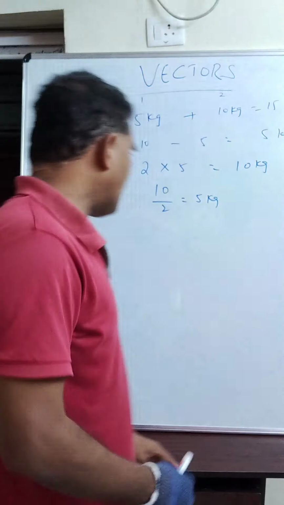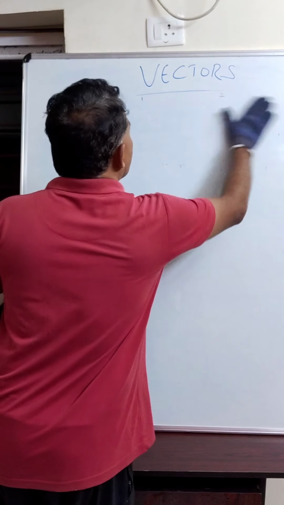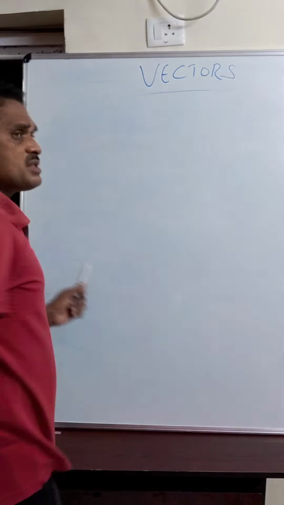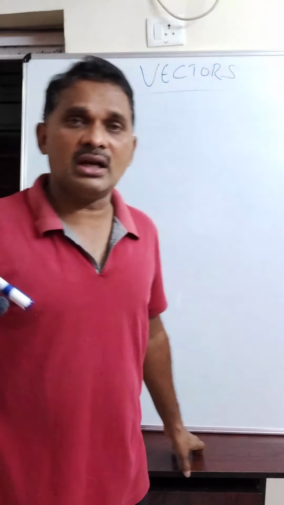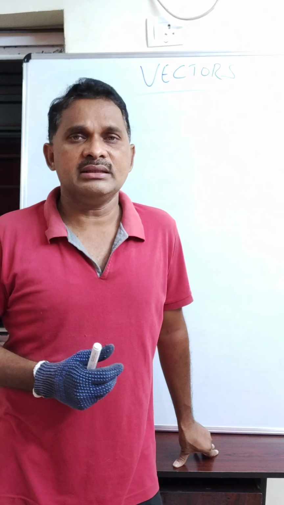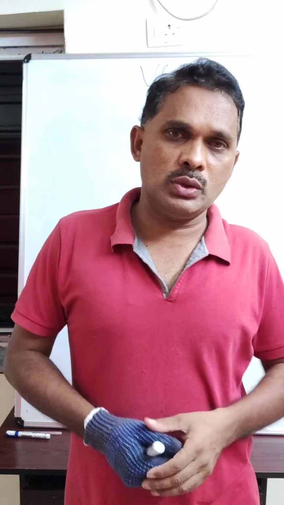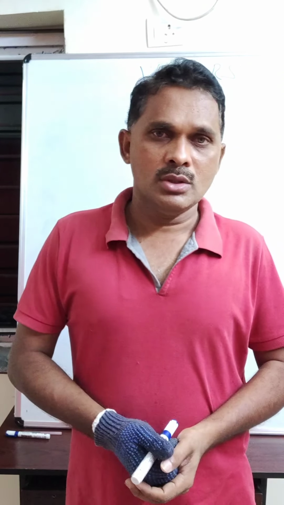Then what about vector physical quantities? First of all, we will understand the definition. What are vectors or vector physical quantities? Vectors are physical quantities which have both magnitude as well as direction. So what is a magnitude? It's nothing but a mathematical value.